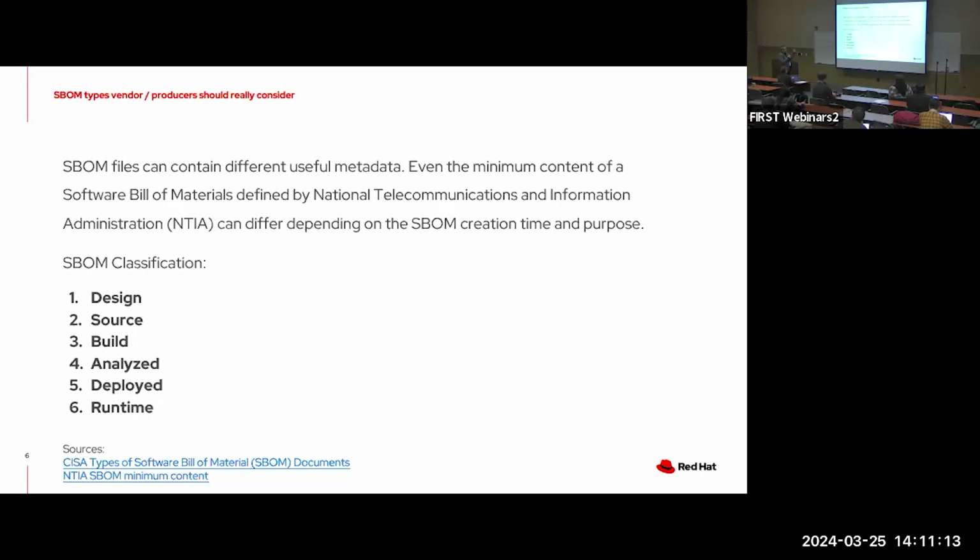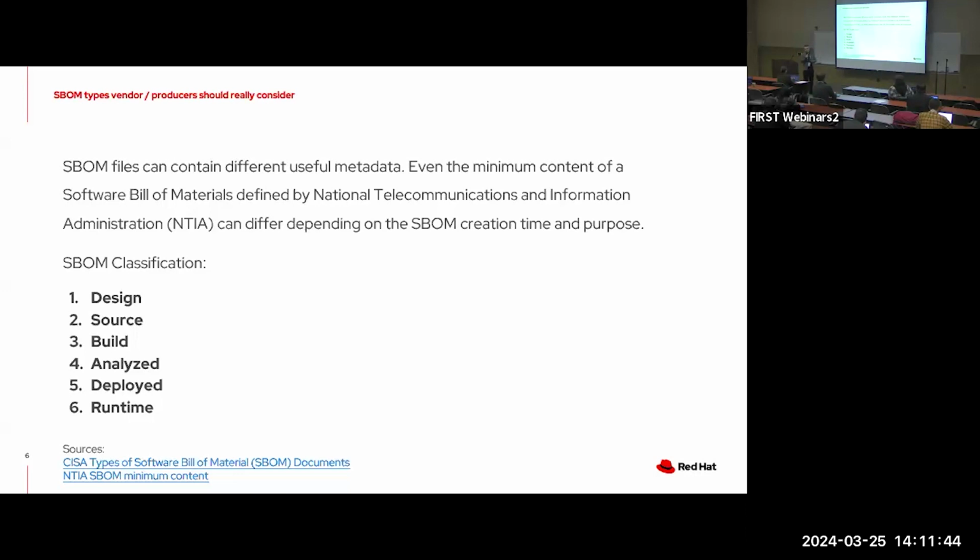We have design, source, build, analyzed, deployed, and runtime. Design covers all information related to the software during the design life cycle, when you don't know exactly what will be used, but you know what you want to build and what to deliver. Source SBOM covers all source information that is used to build a specific product version.